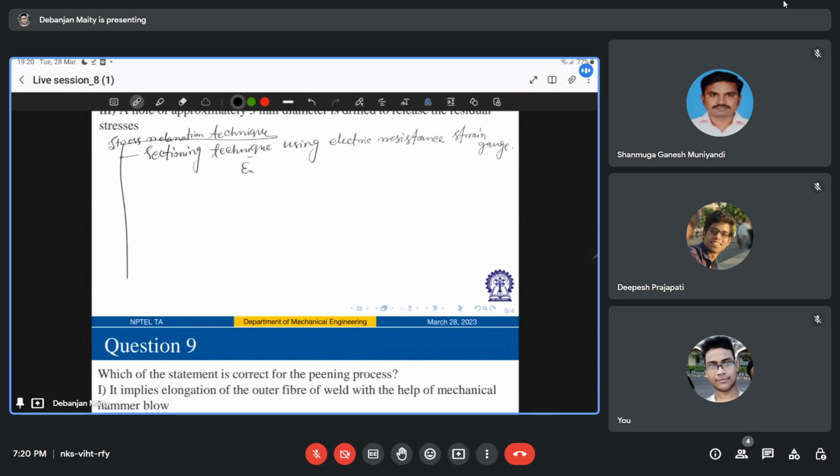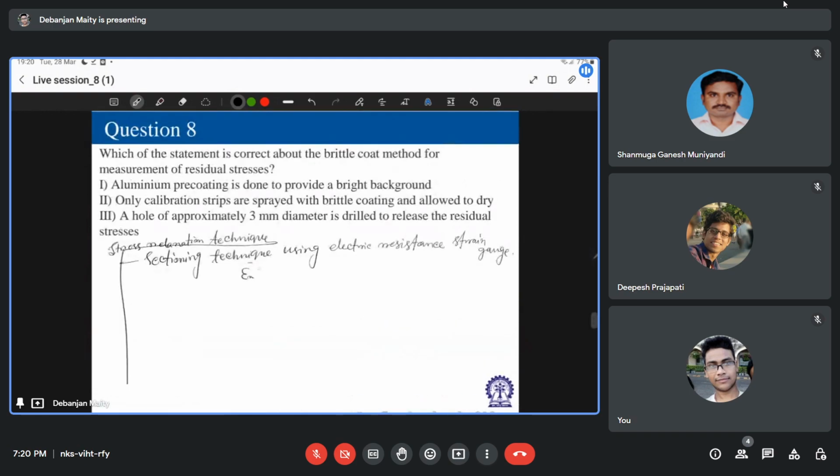We just talked about that mathematical relation of stress and strain. Anyhow, this is one of the sectioning techniques using the electrical resistance strain gauge.